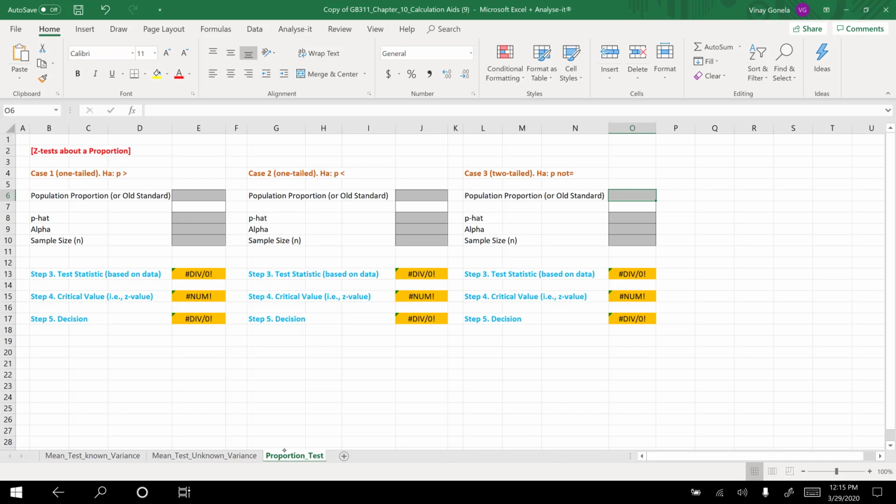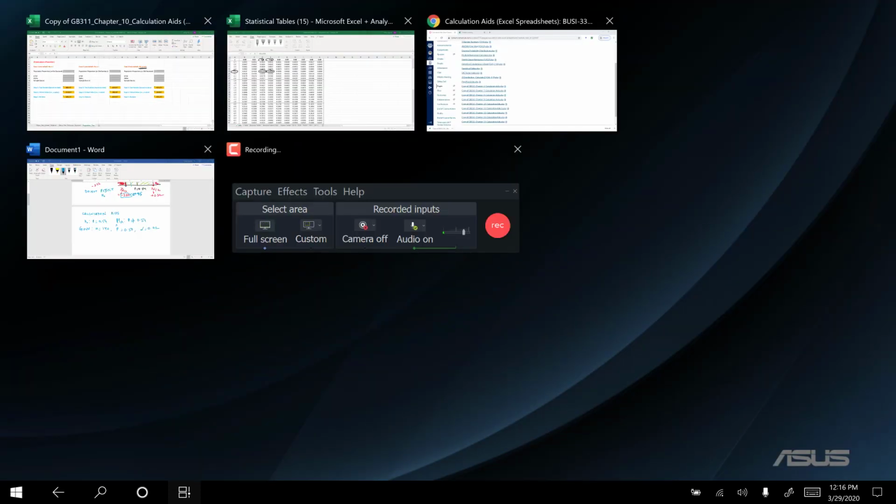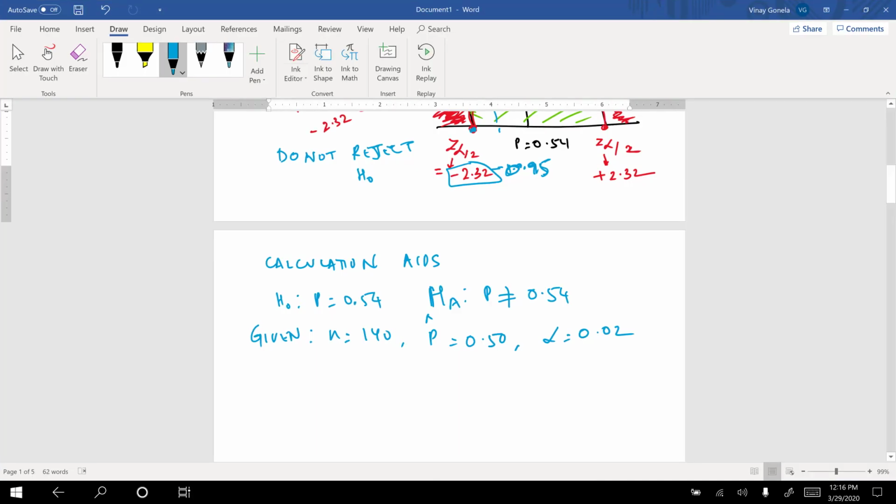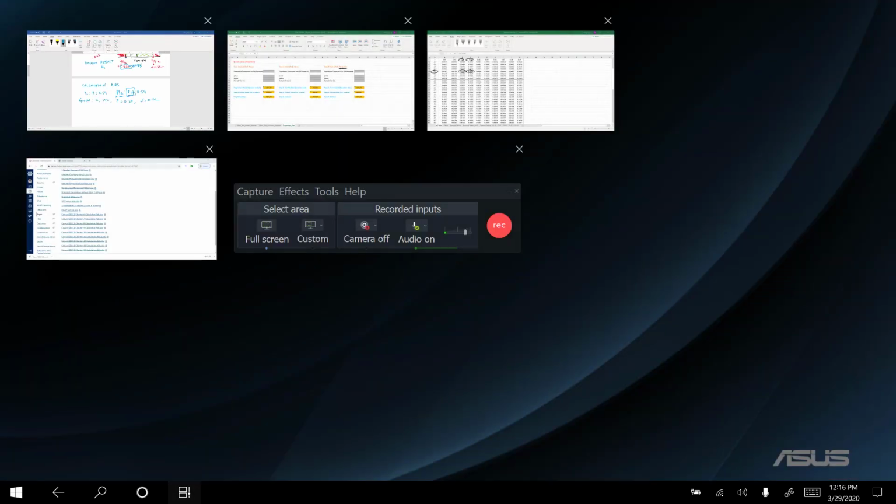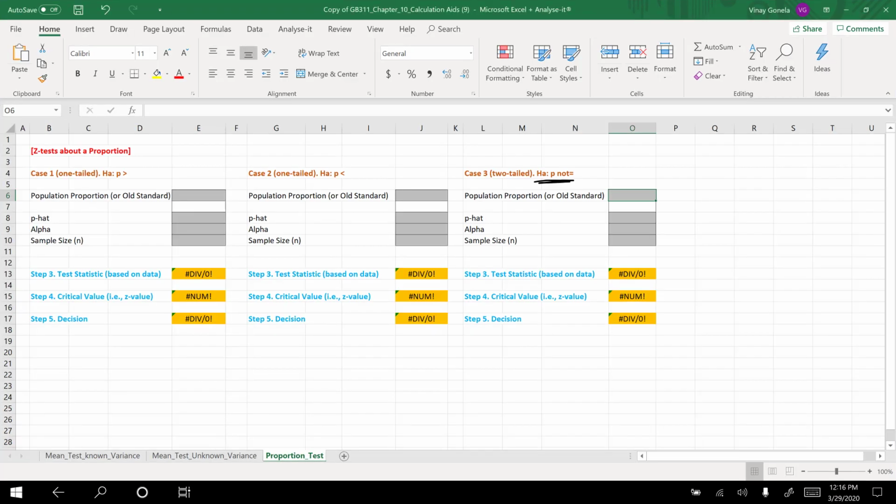Since our problem is a two-tail problem, we will be using this. You have to look at the alternative, p not equal to. So if you see, the alternative is p not equal to, so I'm going to key in my values here.